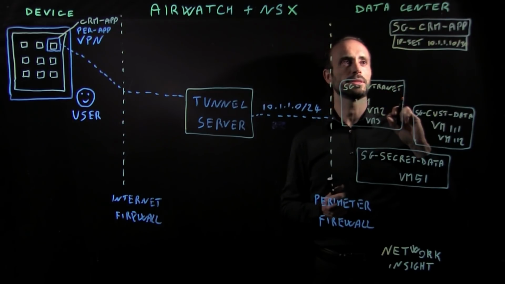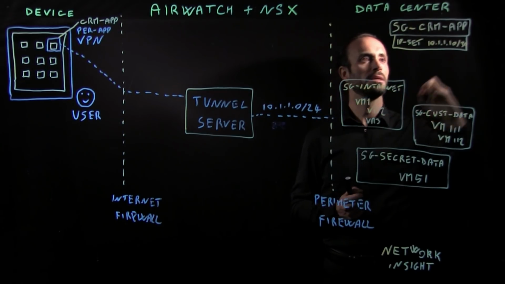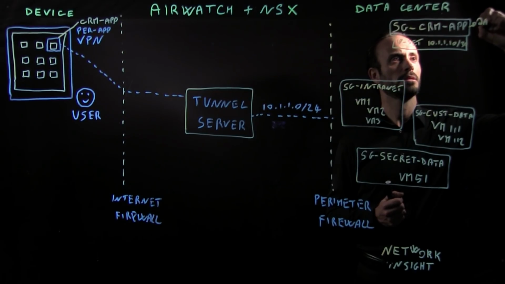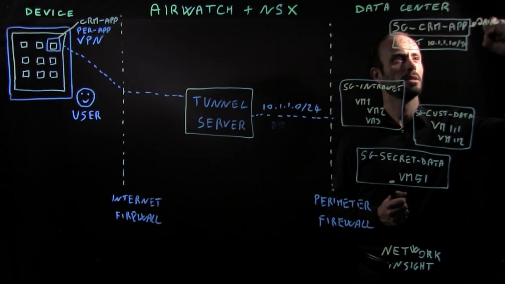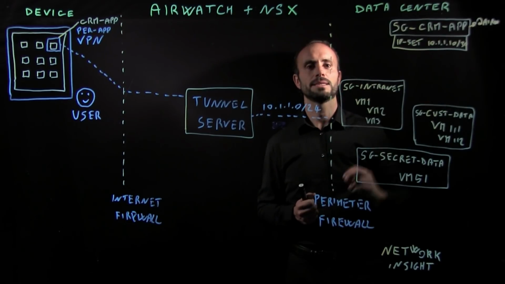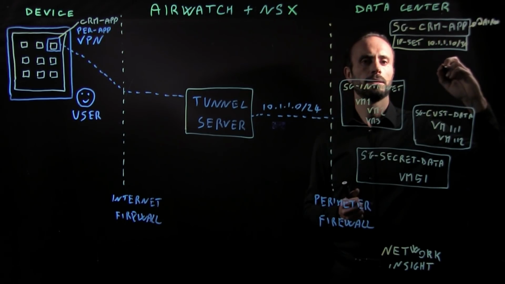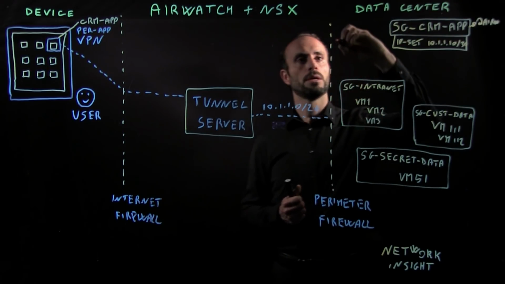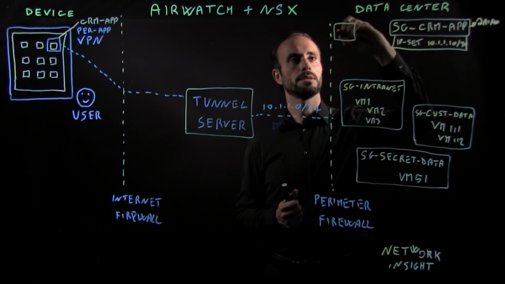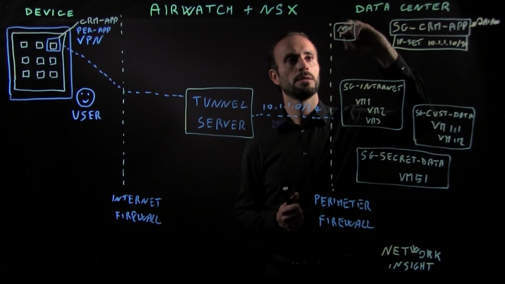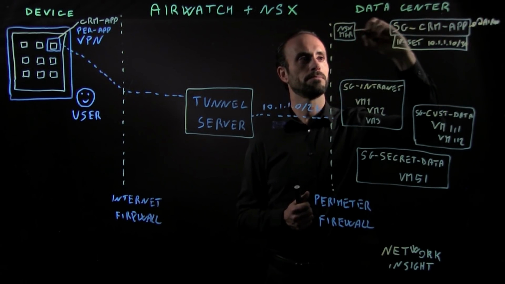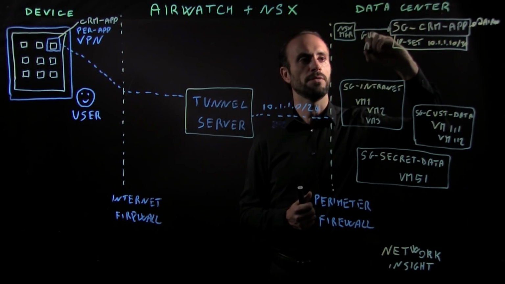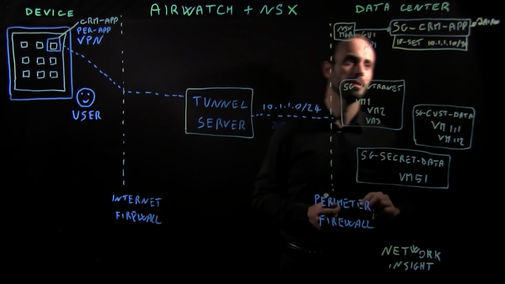And something very important that we need to specify is a tag, the Airwatch tag, inside the description of the security group. Obviously, all of this is managed by the NSX manager through the GUI or even the API.